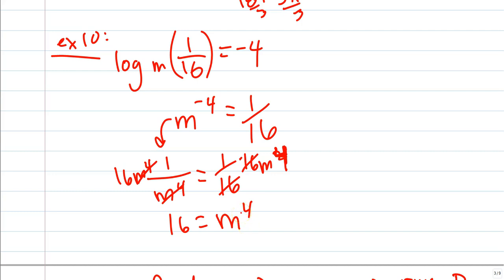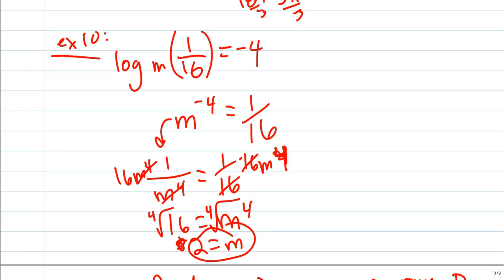How do I undo a fourth exponent? With a fourth root. So that m would equal 2. Algebraically here, we'd actually get plus or minus 2. But this is actually a good time to note that the base, good news, is the base will always be positive. So just keep the positive 2 there.